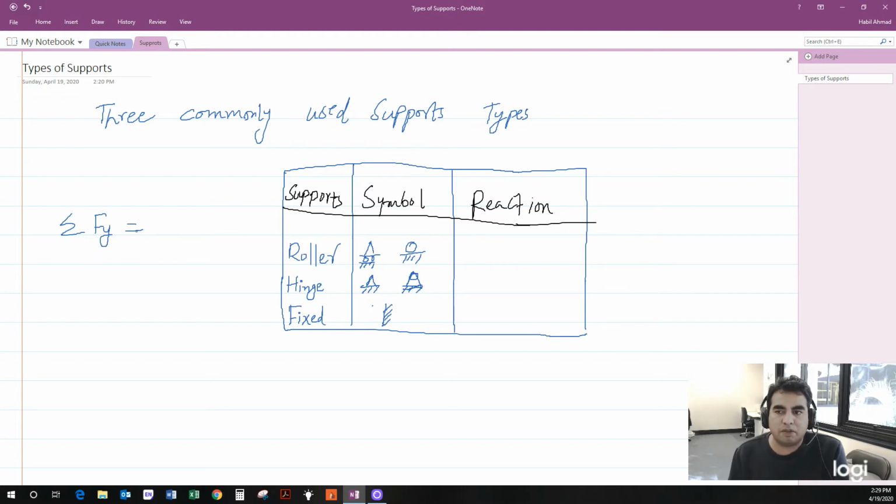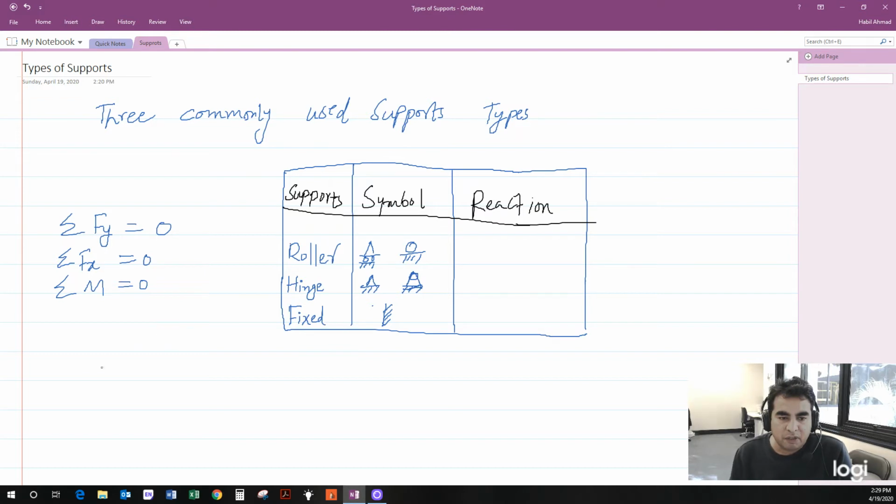The first equation is that the summation of all forces in the y direction should equal 0. The summation of all forces in the x direction will equal 0. Remember, we are talking about a two-dimensional system. And the third equilibrium equation is that the summation of all moments created in that object because of the applied loads or reactions should also equal 0.